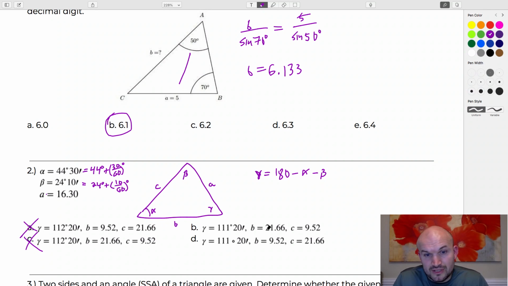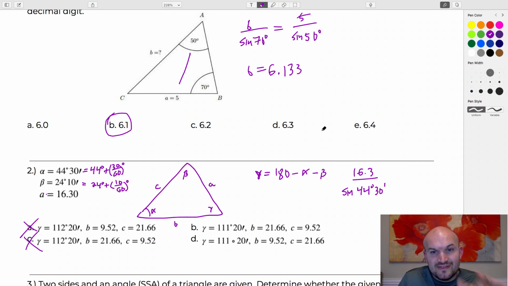So now I've got to figure out my B, like which one is it? Let's just figure out one of these. Let's do B. So to solve for B here, do I have a ratio? I have a ratio with alpha A and alpha. So my first ratio is 16.3 divided by sine of alpha A, the sine of 44 degrees and 30 minutes.